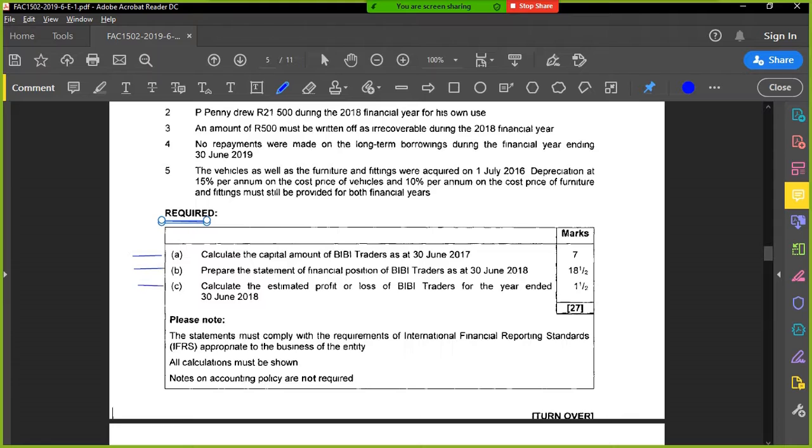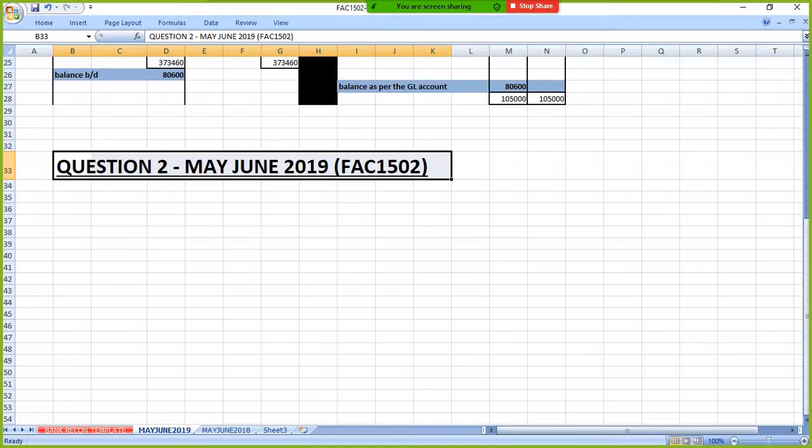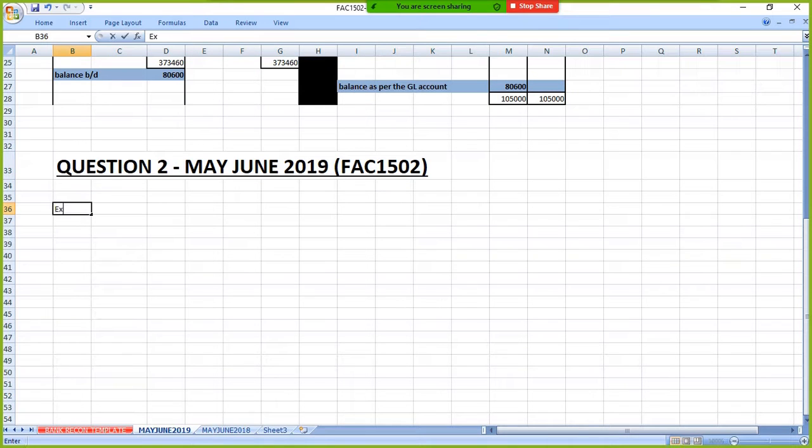Three things. A, calculate the capital account of BB Traders as at 30 June. Capital account means owner's equity. Remember that? The capital account would be part of disclosure. The disclosure would be part of the statement of changes in equity, so capital would be a column in the statement of changes in equity. So, an extract of the statement of changes in equity.